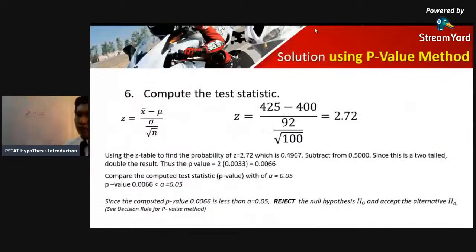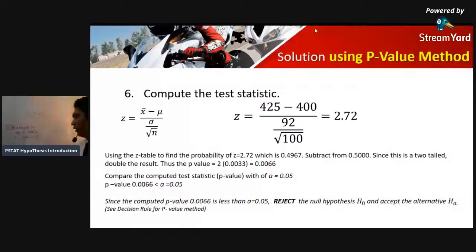This is our test statistic, 2.72, and you locate this in the Z table. The first two digits, 2.7, and then 0.02, so that is now 0.4967.